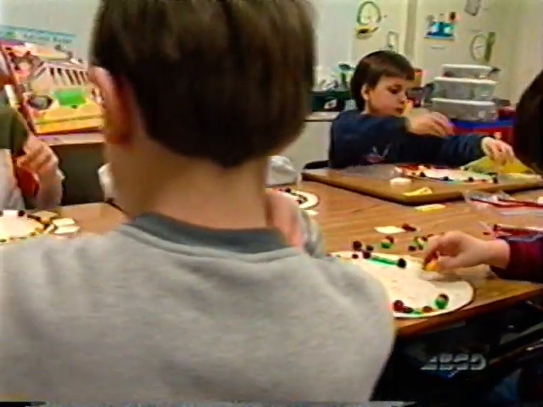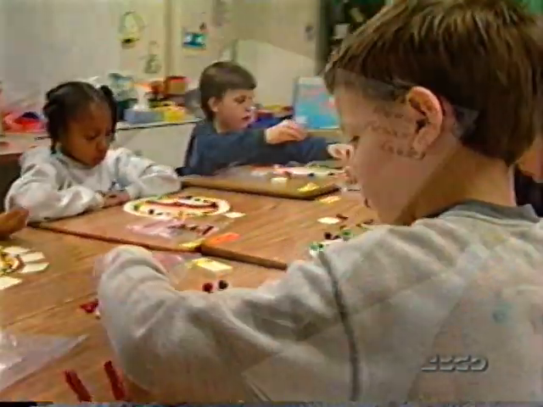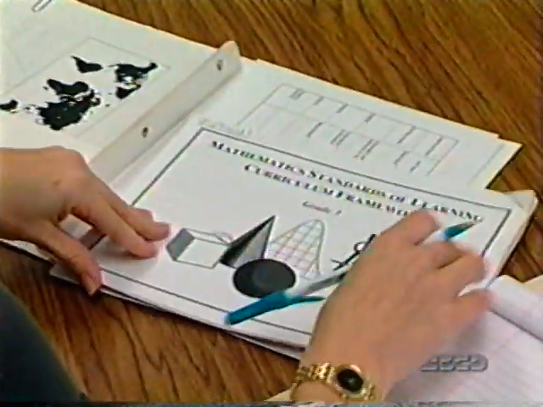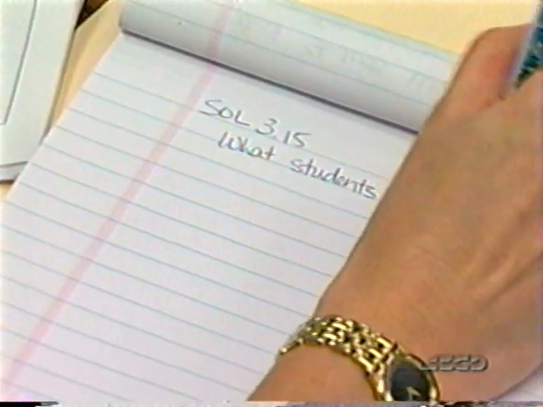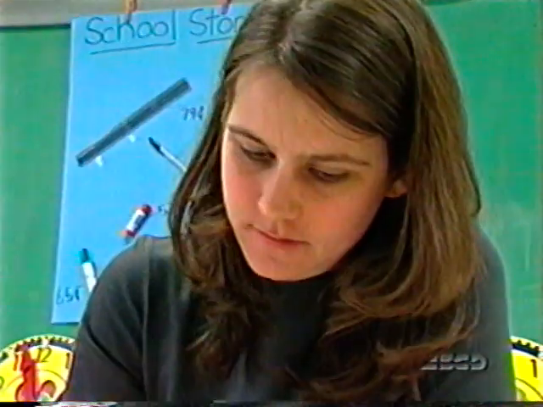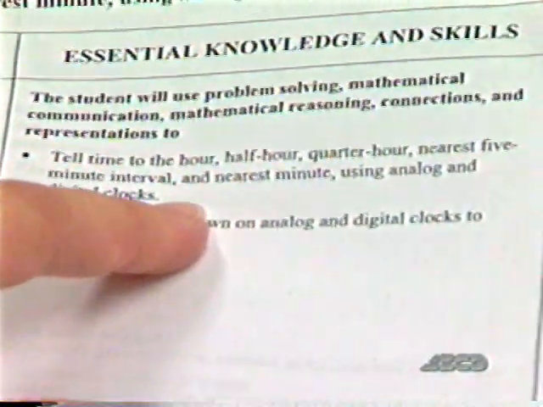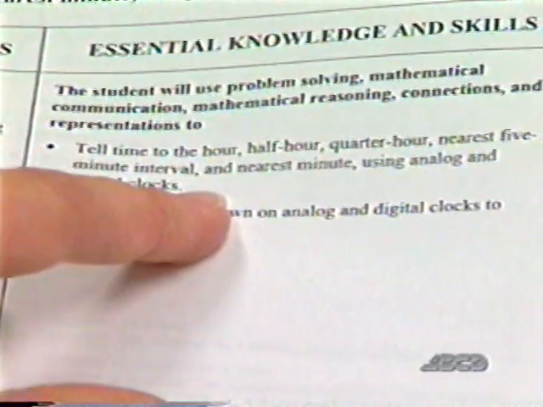When I'm planning a unit, I try to think of the major concepts and big understandings and big ideas that I want the students to come away from that unit with. I also take the state standards into consideration. I take my students' interest levels into consideration. I take their readiness levels into consideration.